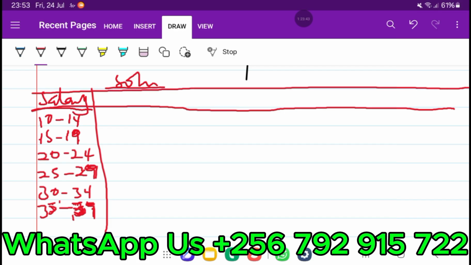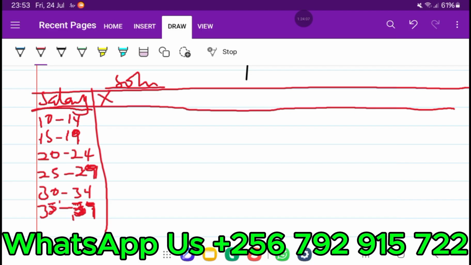Now, what we need is the x value, that's the midpoint. We said you first get the class interval. The class interval is 5. So you get 10 plus 14, you divide by 2. You get the midpoint. That is 12.